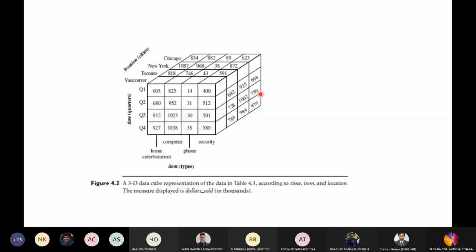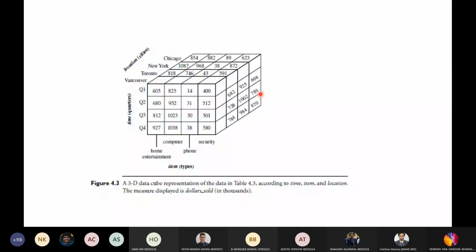So when you want to combine or view all the different views, that is 2D, 3D, and different types of dimensional views, what you get is something called a lattice. Okay.